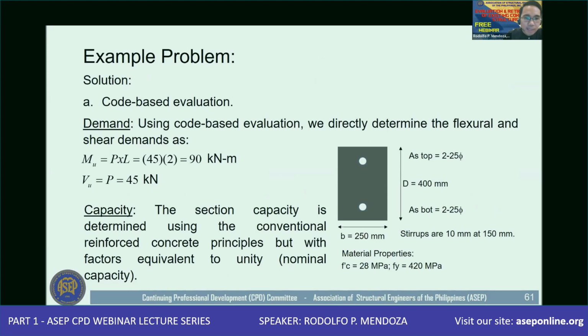We were able to calculate here the demand: 90 kilonewton meter for the flexural demand and a shear demand of 45 kilonewton.